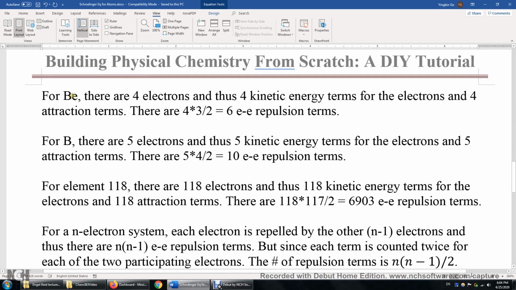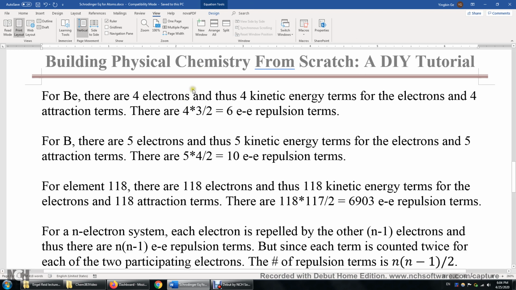Now let's just talk about beryllium with 4 electrons. We have 4 kinetic energy terms, 1 for each electron. Again, we neglect the kinetic energy of the beryllium nucleus. It's too heavy, therefore it moves too slow, and then overall the kinetic energy of the nucleus is much smaller than the kinetic energy of the electrons.